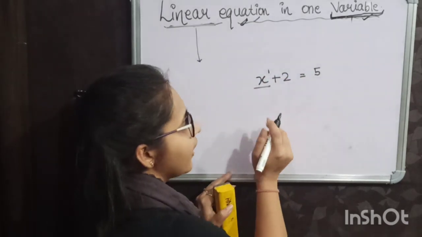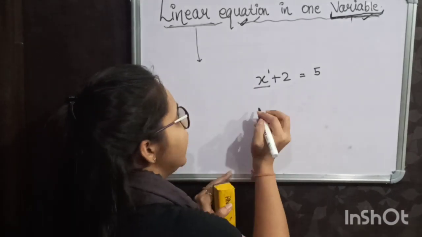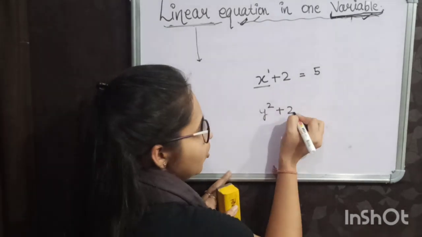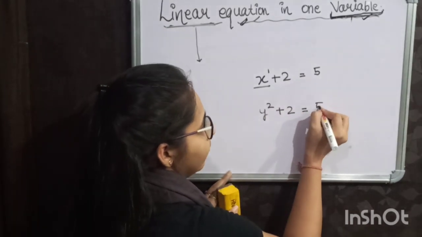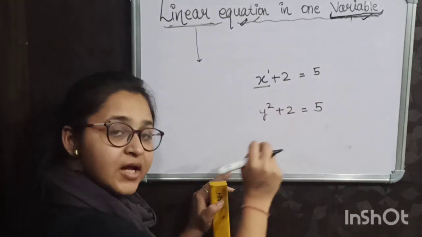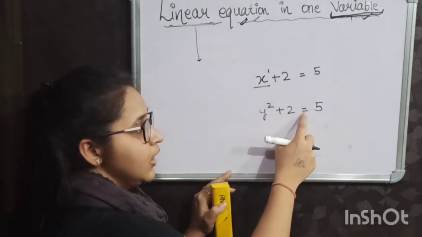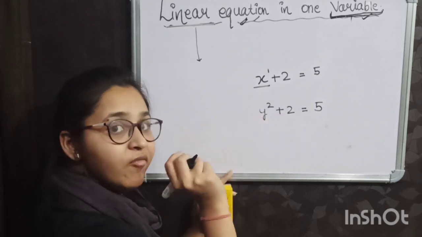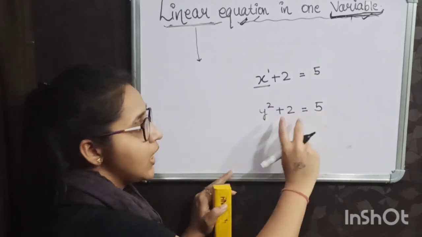Let's have a look at the next example. If I take y square plus 2 is equal to 5, this is an equation because there is an equal to sign. There is a variable y, only one variable, because the other two are constants.